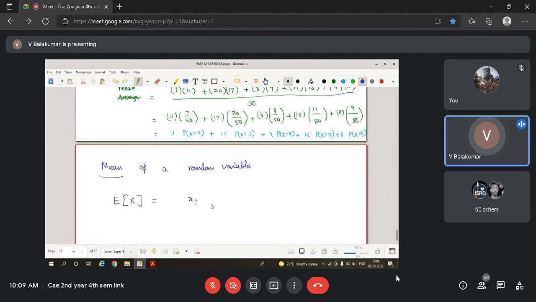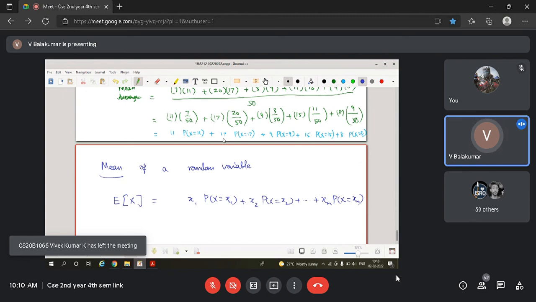I have to write x1 times the probability for x1, plus another value times the probability for that value, and so on up to the last value times the probability for that last value. This is the natural idea obtained from the previous slide. The mean of a random variable capital X with possible values x1 to xn.